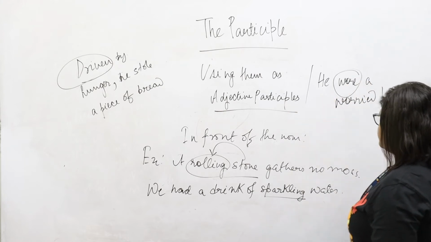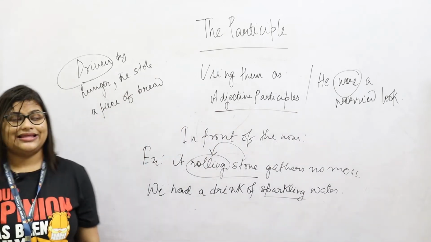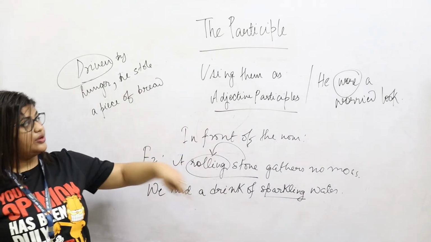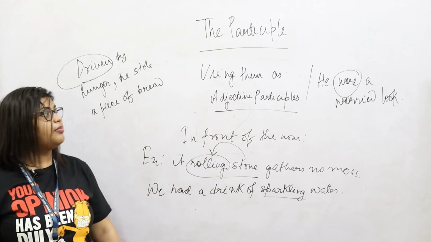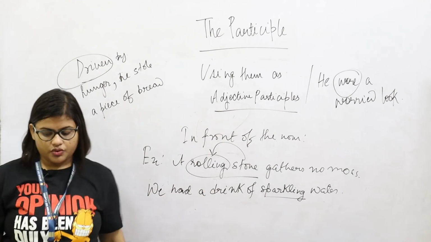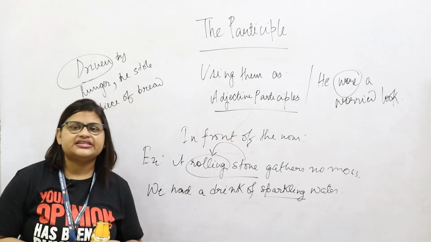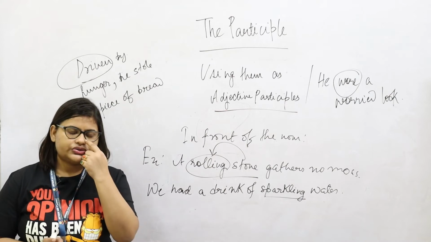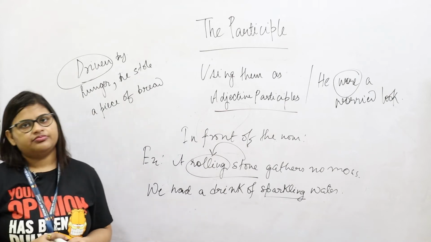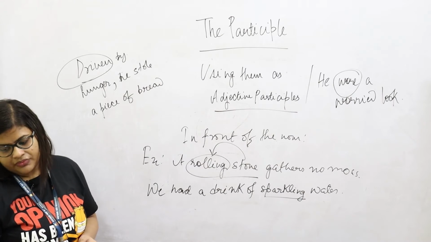So here we are using the word wore. He wore a worried look. So it is like about wearing a look, but it's in the past form. We can also say education is the most pressing need of our country. So that can also be another example of a participle, but we are using it in front of a noun.